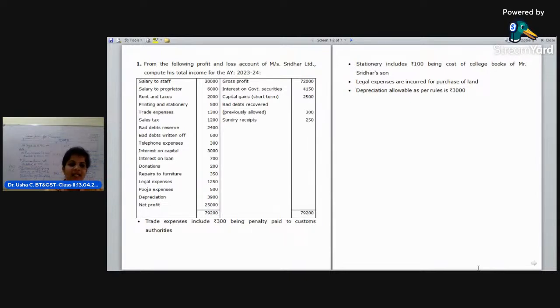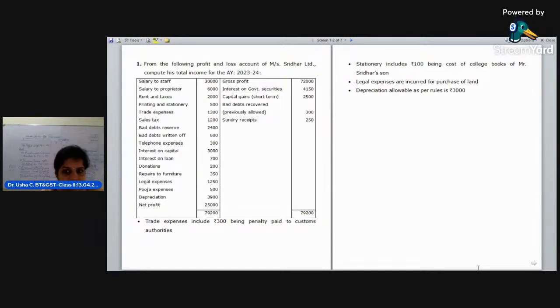Capital expenditures are inadmissible because this is a one-time expenditure. For a furniture business, it would be an operational activity, so they can consider it there. But for this trading business, repair to furniture is not a running, operational activity. Hence, it is an inadmissible expense. Next, legal expenses.